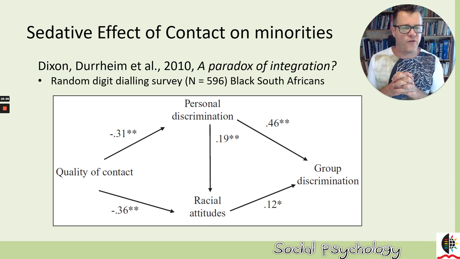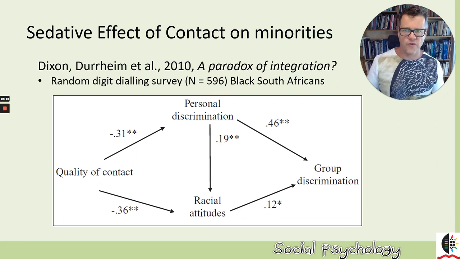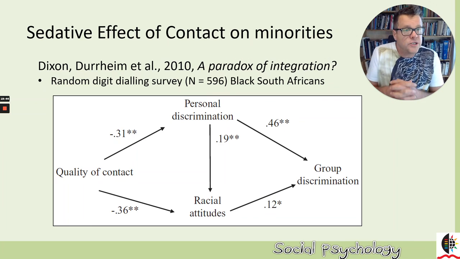Yes, they have more favorable attitudes towards Africans. White students that have contact with African friends promote social change. They think that we need to get rid of apartheid, we need to move on, we need affirmative action policies. But what effect does contact have for black students?